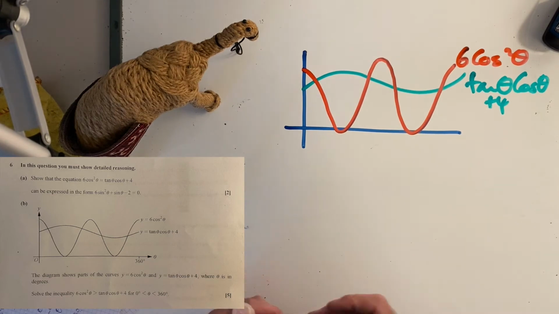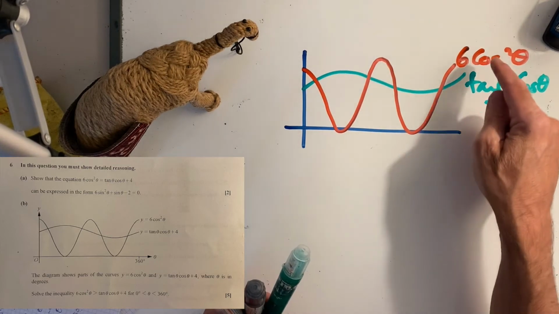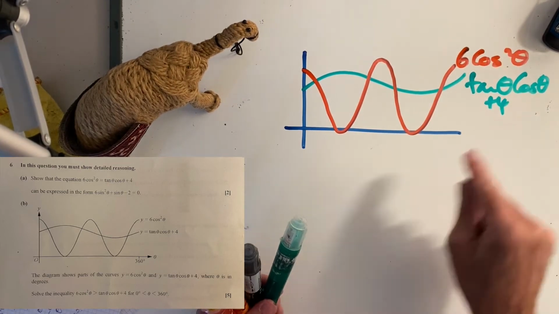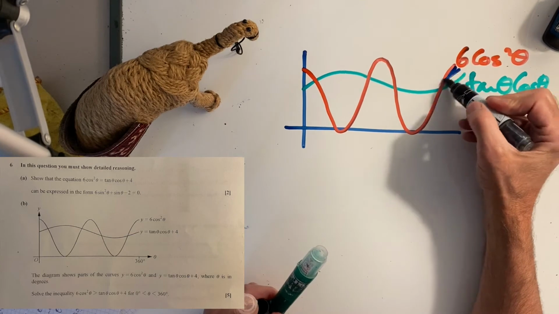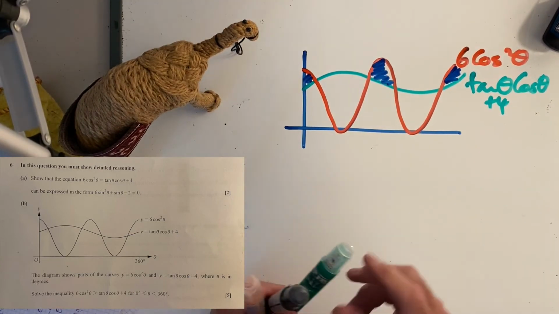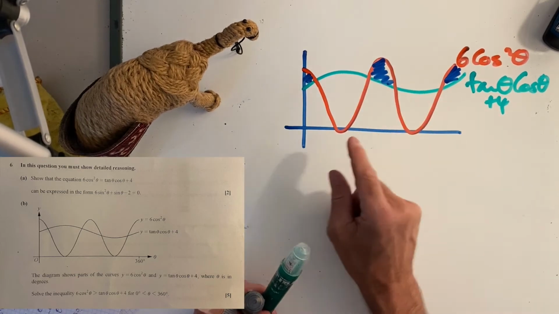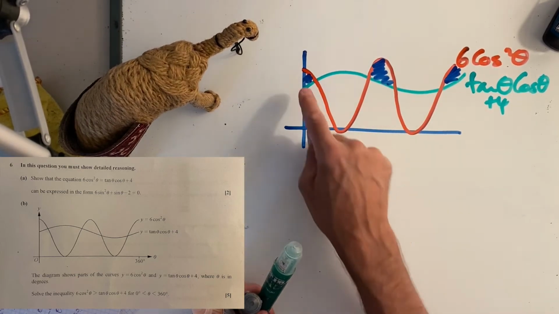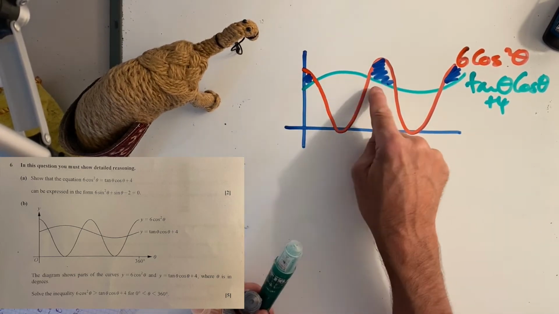Notice the connection between what you've just done. It says here, solve the inequality where this is greater than this. So in fact, it is here, here, and here. So I need to find these points here, and then I can solve it. So I need to find out where they are simultaneously meeting each other.